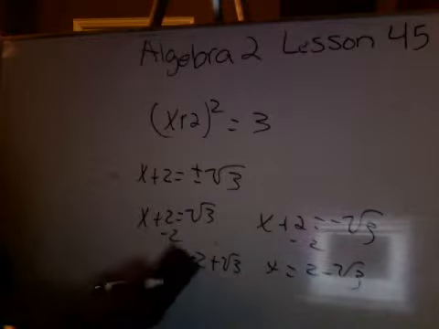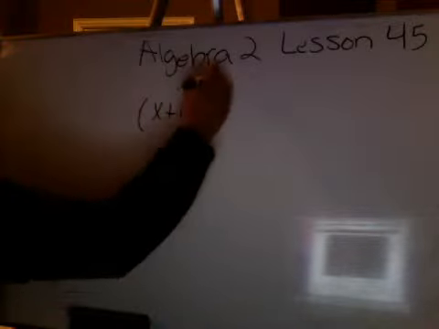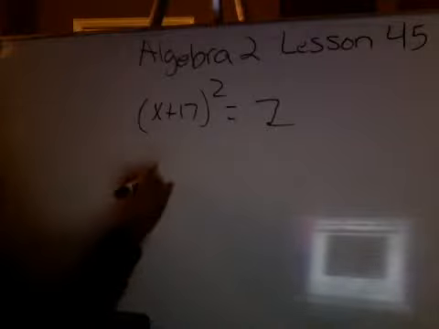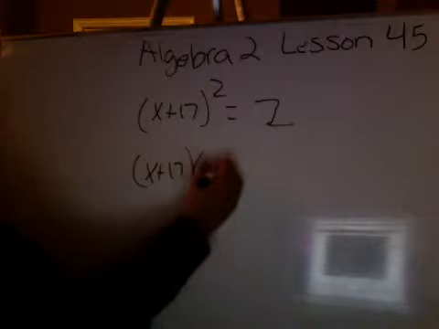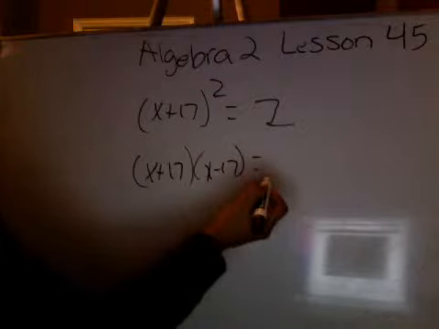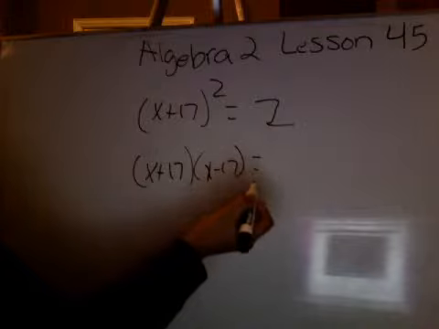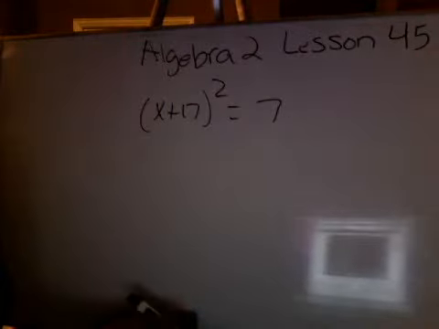All right? So let's use these. Let's look at example 45.1. It says solve x plus 17 squared equals 7.